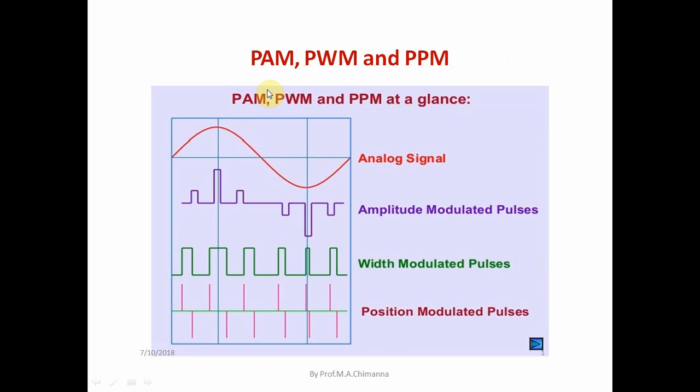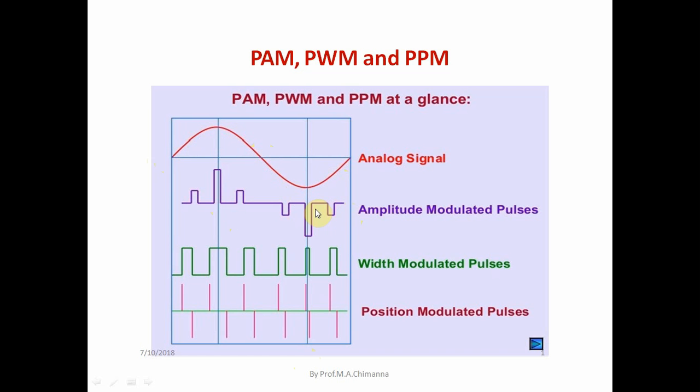Pulse amplitude modulation, pulse width modulation and pulse position modulation are all analog modulation techniques. Here is the information bearing signal. In the case of the information bearing signal, the amplitude of each pulse varies with respect to the analog signal.